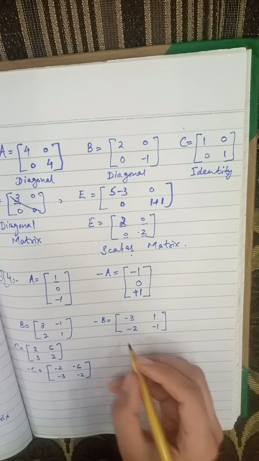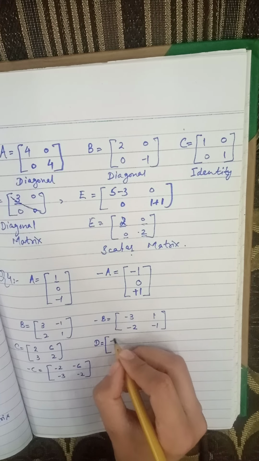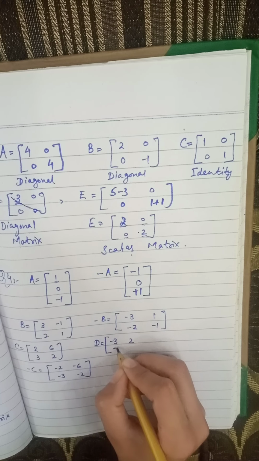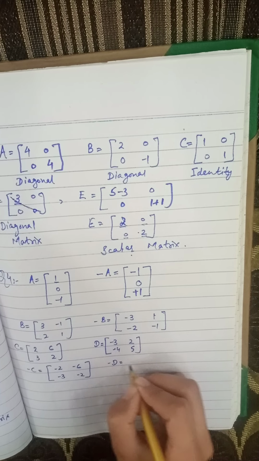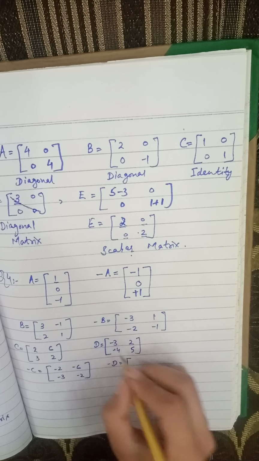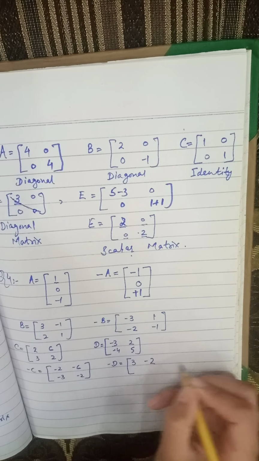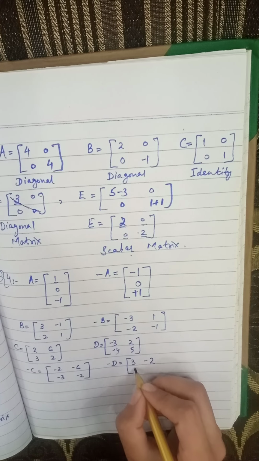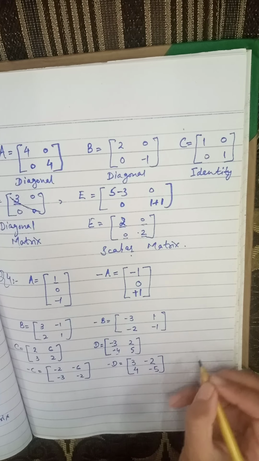Okay, so for the D, we are going to write minus D. And in minus D, minus 3 would be changed into 3. 2 would be changed into minus 2. Minus 4 would be changed into 4. And 5 would be changed into minus 5.